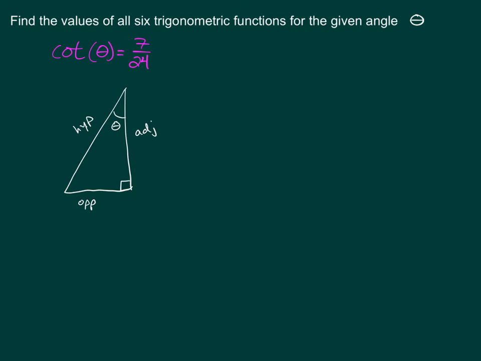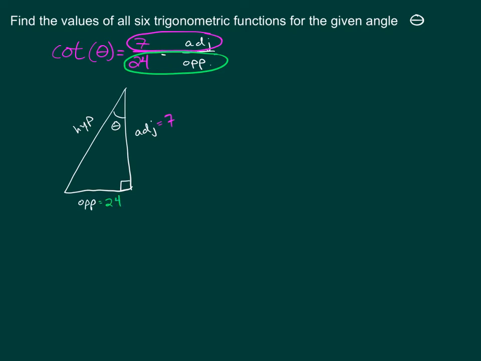Now, remembering back how you find cotangent, you would take the ratio of the adjacent side over the opposite side. So now we have values for the adjacent side being 7. So I'm going to set adjacent equal to 7, and the opposite side equaling 24.